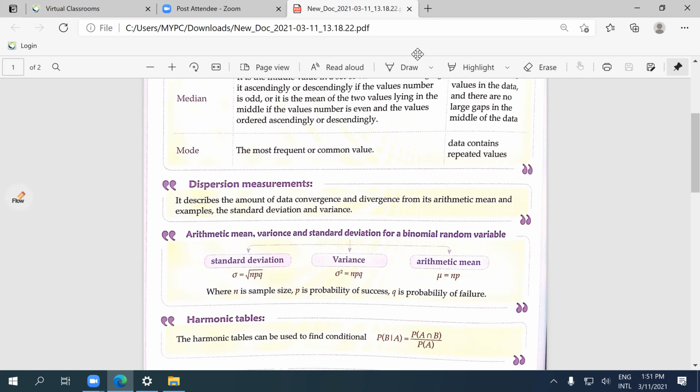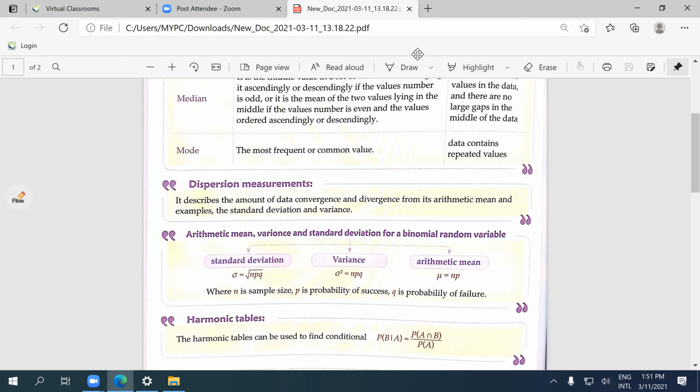What is binomial? This is the meaning of B and Q. Binomial means an experiment that has only two outcomes. For example, an experiment of tossing a coin.